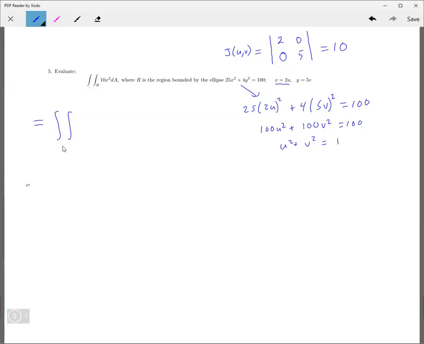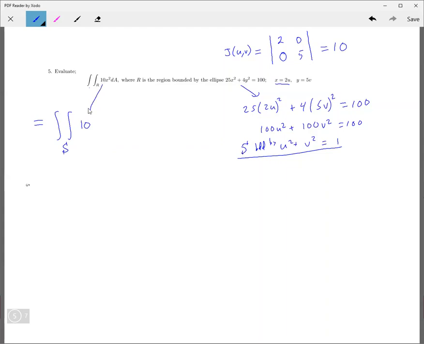So let's call this S. Okay, so S is bounded by the circle. Now, what are we integrating? We're going to be integrating 10.